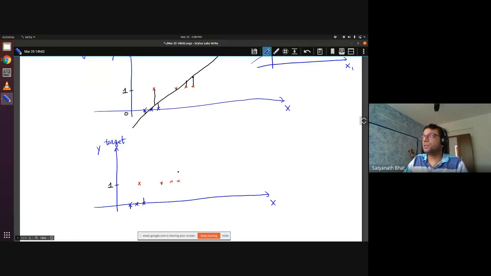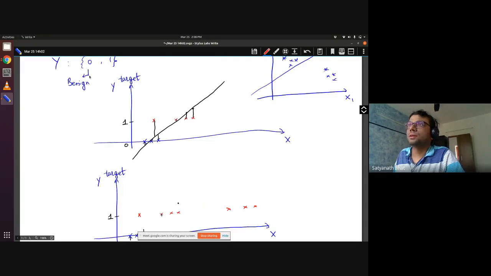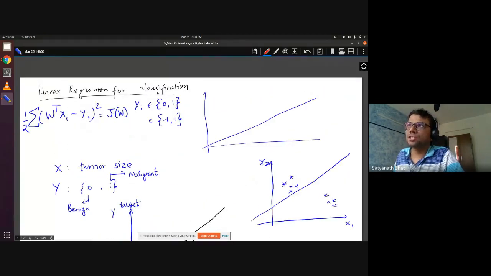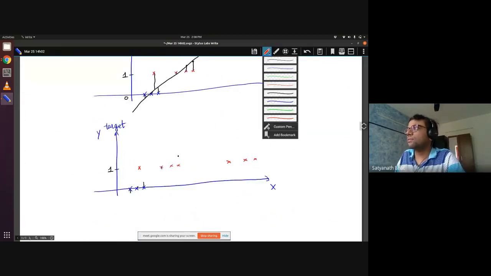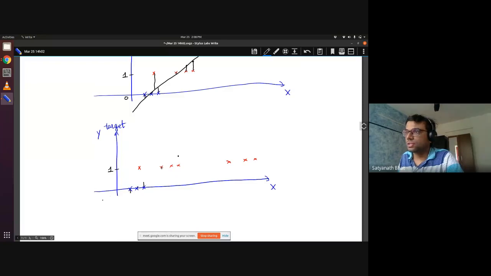Now, in addition to this, let's suppose that there are a few points which are quite extreme. Some points are like this. Since the objective is to minimize the squared error, the line that you will learn if you use this model, linear regression for classification, like trying to use regression for classification, what will end up happening is you will have a learned model which is going to be like this.